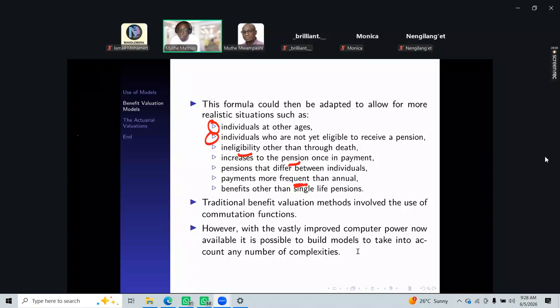Because remember, here I've not included pension increase. I've not considered that other members retire early, but then have to wait until retirement to get the pension. I've not adjusted for salary promotion growth and stuff like that. So it is a very simple scenario, but you can extend this further depending on what you want to achieve.